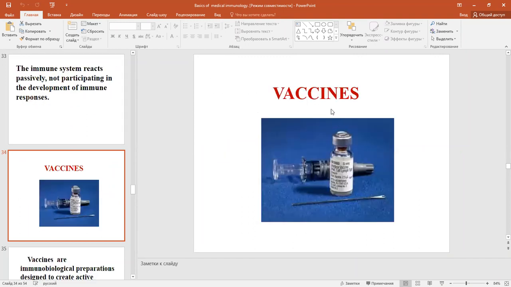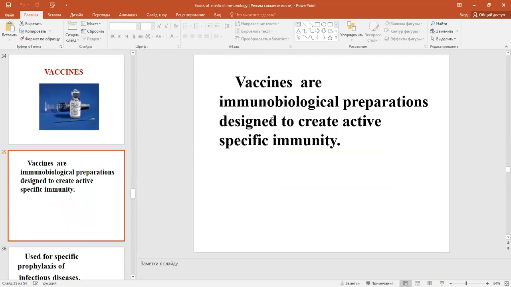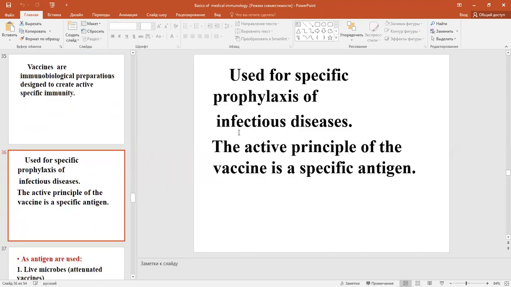So, for creation of artificial active immunity, vaccines are used. What are they? Vaccines are immunobiological preparations designed to create active specific immunity. They are used for specific prophylaxis of infectious diseases.